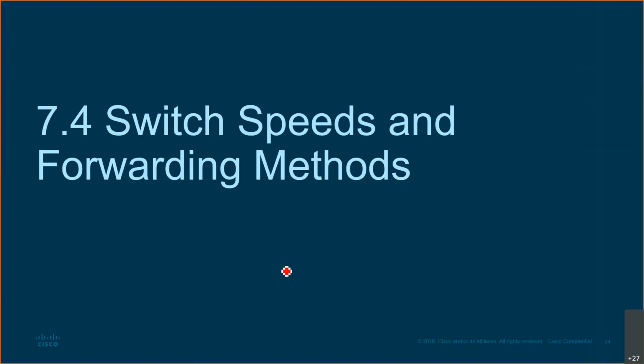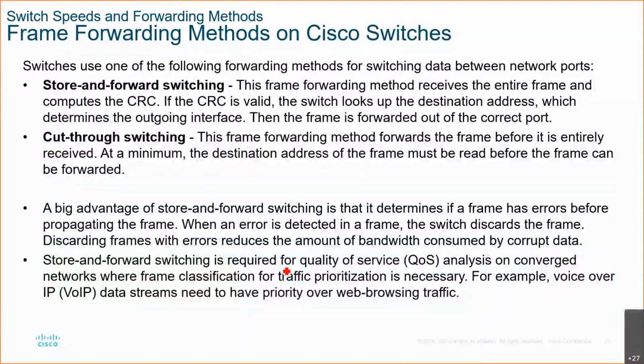Now let's go to the switch speeds and forwarding methods. Switches follow two main ways of forwarding data. We know that there is a table where it stores all the devices' MAC addresses, but there are two specific ways that it sends data. The first one is store and forward switching.